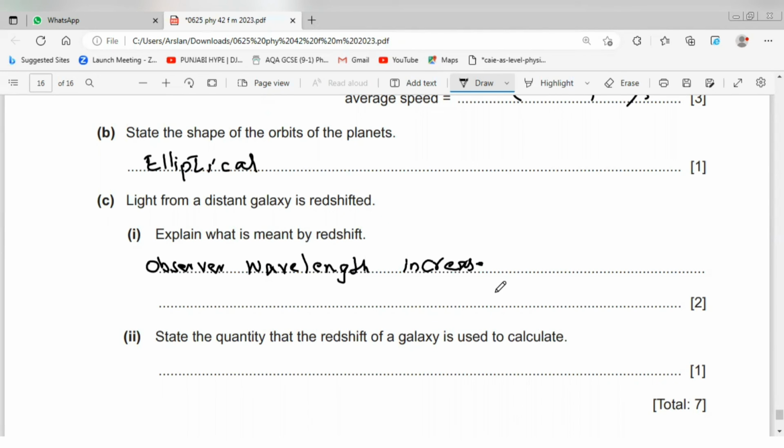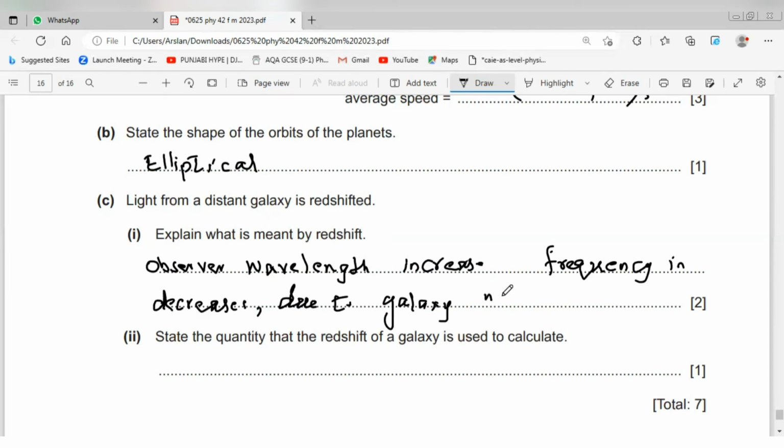The red light has a lower frequency compared to blue light. So the frequency decreases, and also you can write that it is due to galaxies moving away from the observer, or from Earth, because the observer is standing on Earth. So this is the right answer.